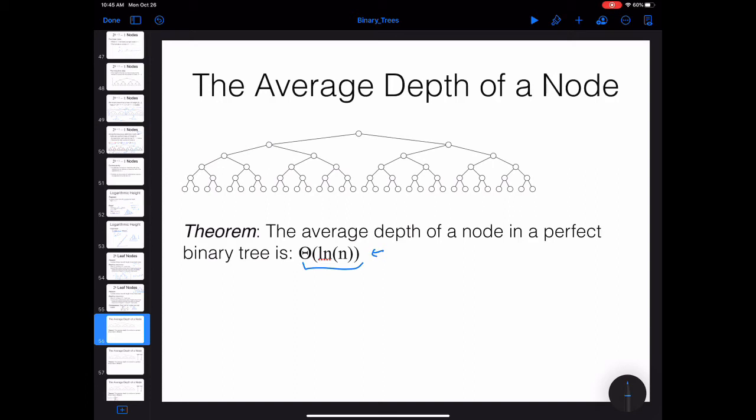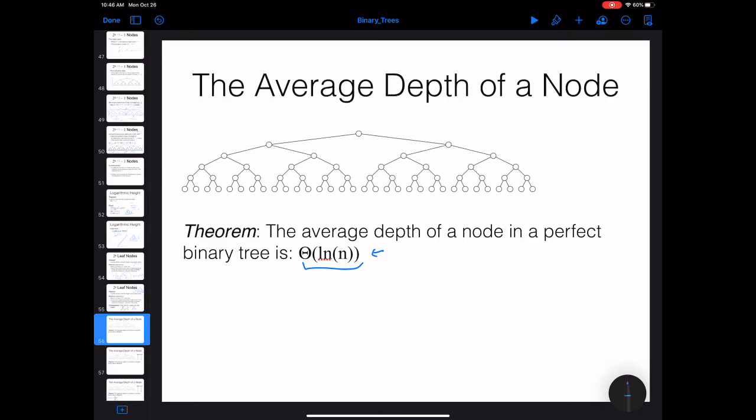This is something very interesting, and when we talk about the heap, you will see that it helps us to prove the time complexity for the heap, that many actions are going to be log of n, and it helps us in that discussion.